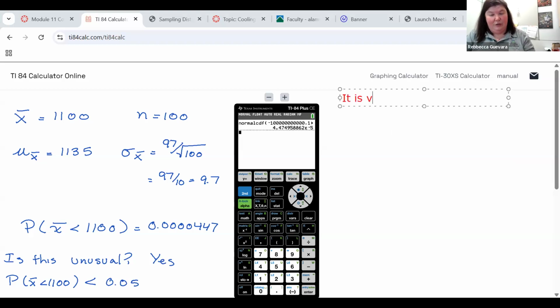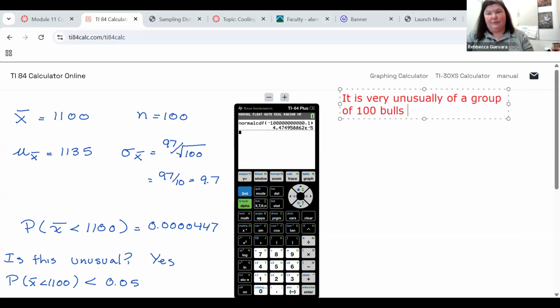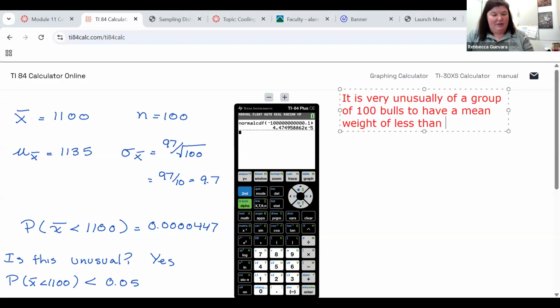Do we usually use this to assess probabilities to decide if something's unusual? So I would say it is very unusual for a group of 100 bulls to have a mean weight of less than 1,100 pounds.